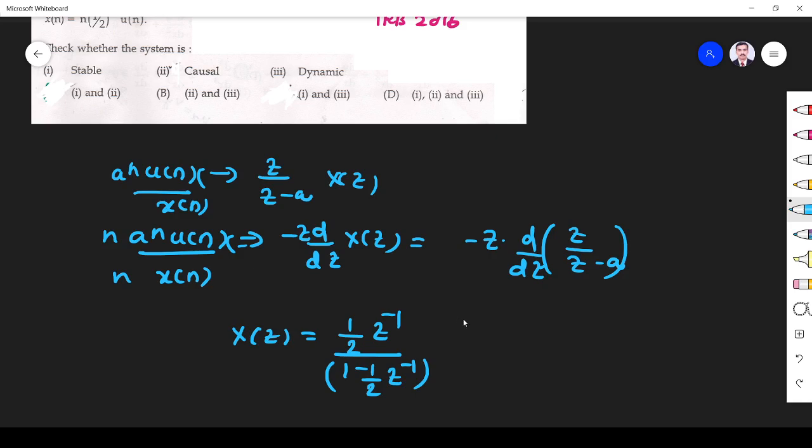Now we can check whether this is causal and stable. For a power n u of n, mod z must be greater than mod a.